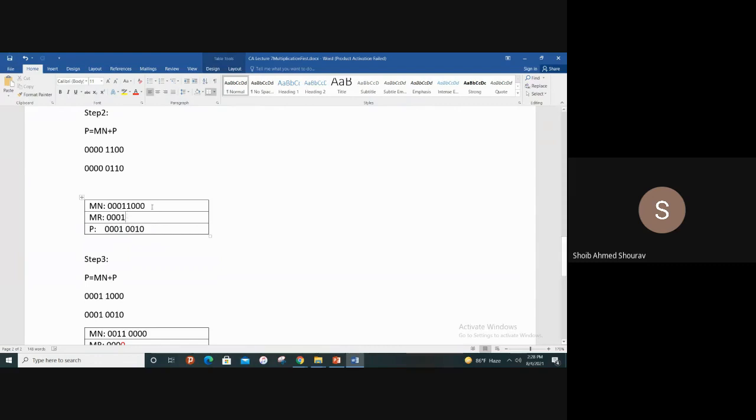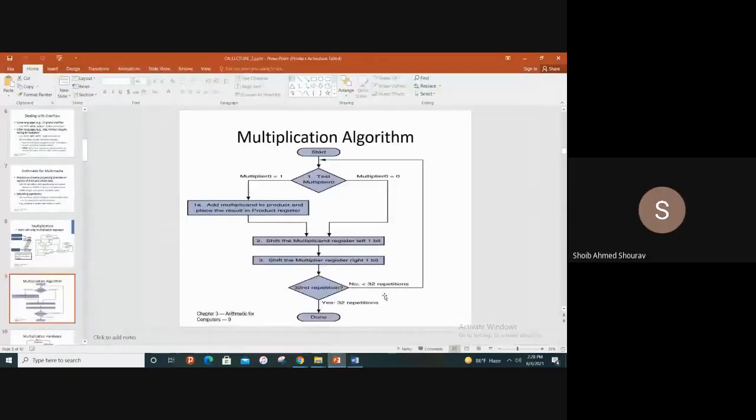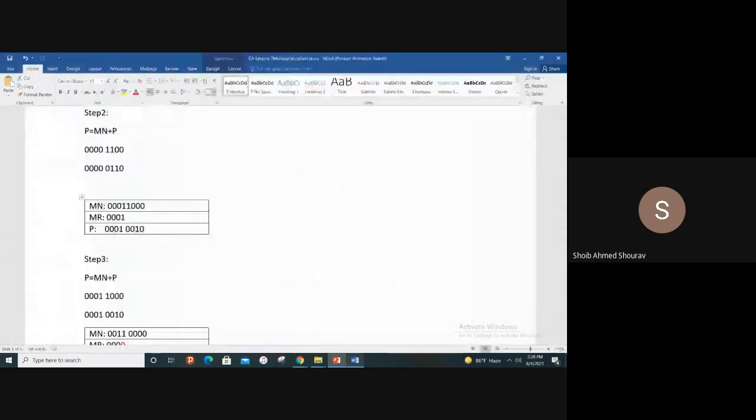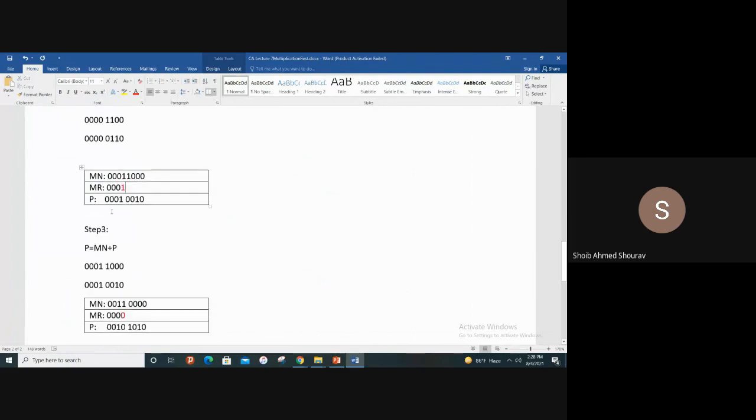Step 2. Yes, sir. Now, as step 2 is clear, in step 3, we are again going to check the 0 number bit of the multiplier. Now again, what is the 0 number bit of the multiplier? After step 2, it is 1. For 1, we are going to do this again. This is mn, remember.